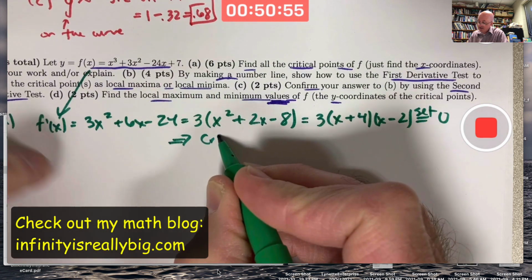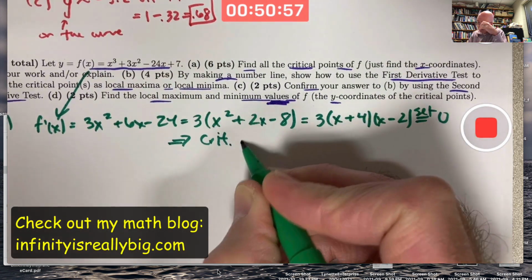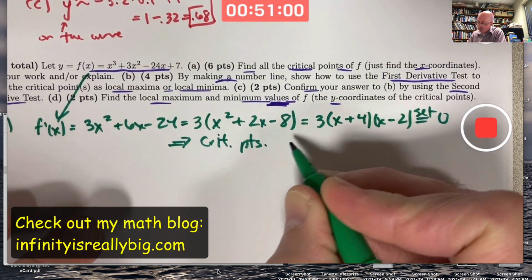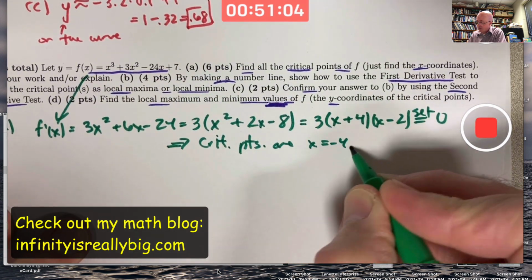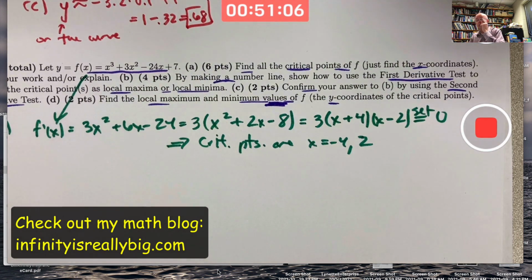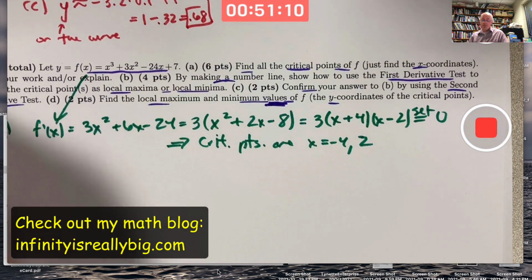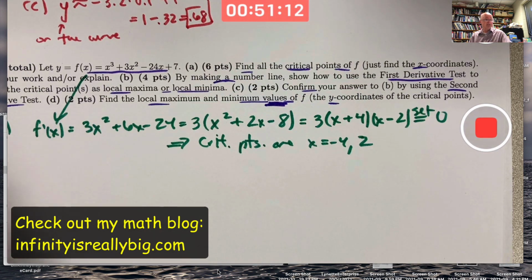Your critical points, thinking of those as being x coordinates, are where this is 0: negative 4 and 2. Critical points can also occur where derivatives are undefined, but that's not going to be the case here. Some books say the critical points are the x coordinates. That's how I learned it.